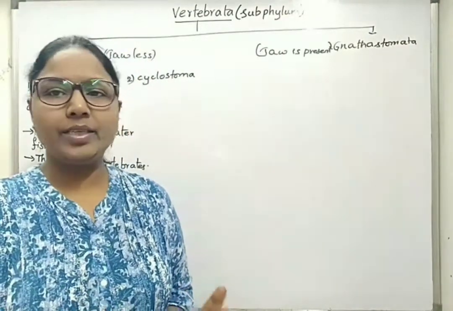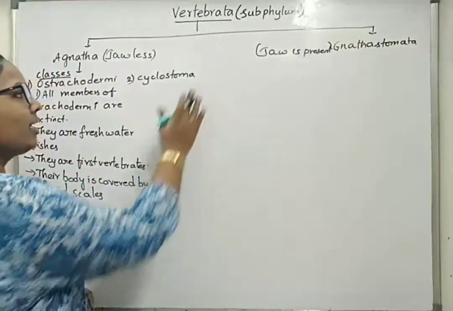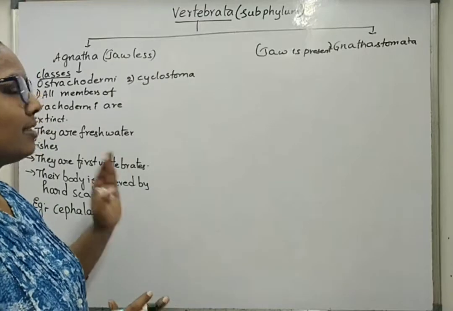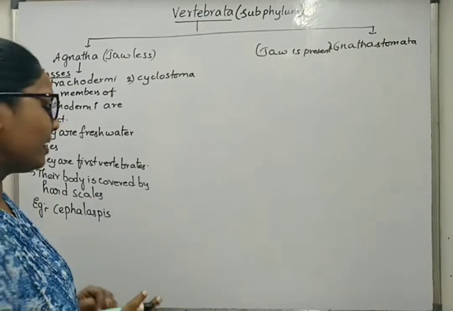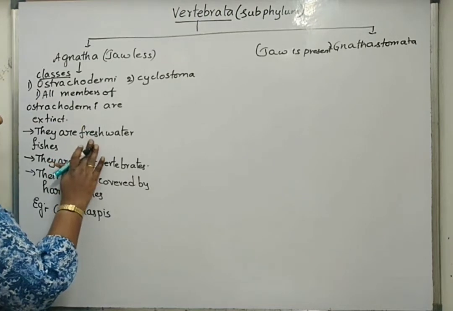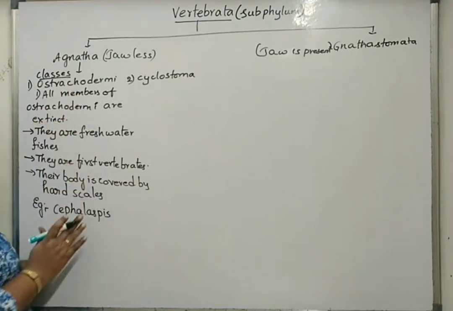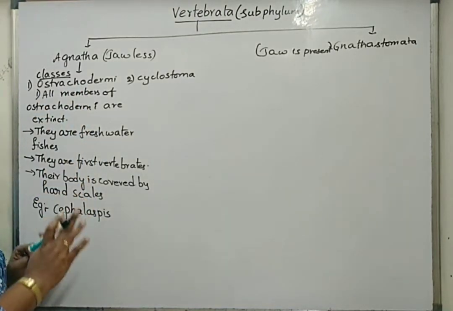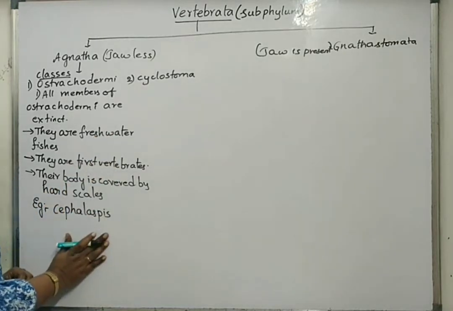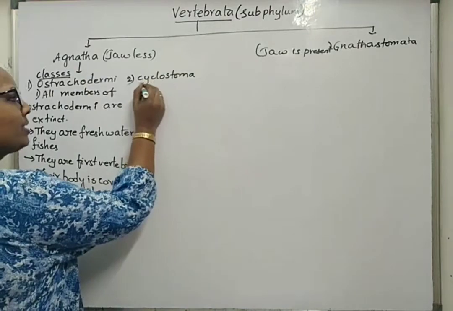It is not given in NCERT, but we are reading some details regarding vertebrate classification as the chart is also given in the NCERT textbook. If you want to learn about Ostracodermi members, you can go through these points once. Actually, these are not in the syllabus. Now, coming to Cyclostomata.